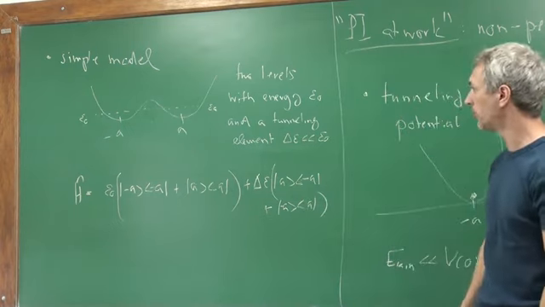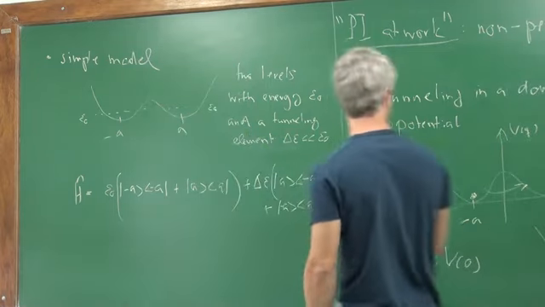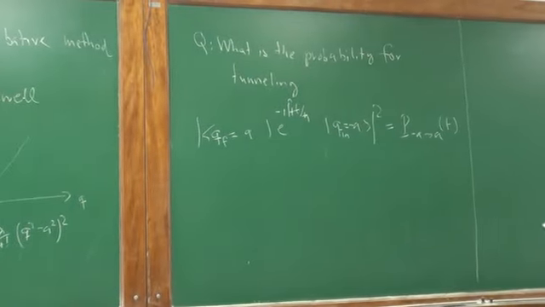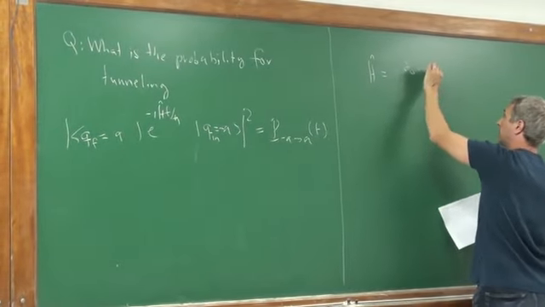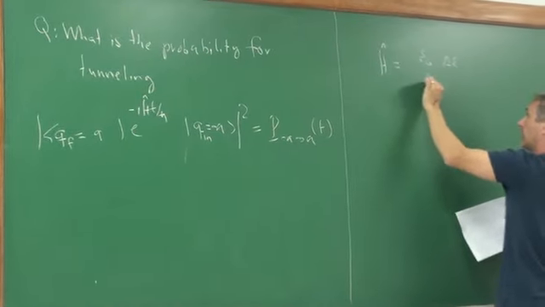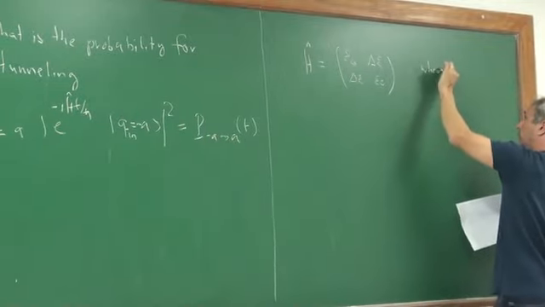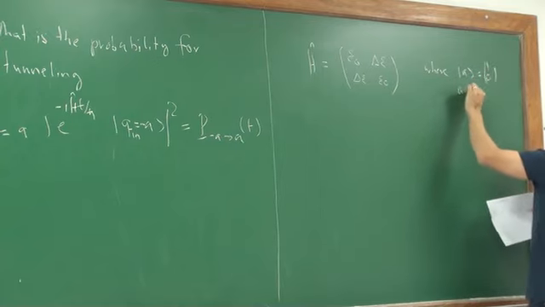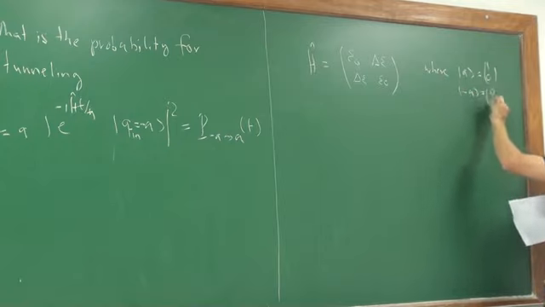Now, under the assumption that this is a good description, we can just calculate this transition probability. First, we can rewrite the Hamiltonian in a simpler matrix form, where we represent the states A and minus A by vectors.